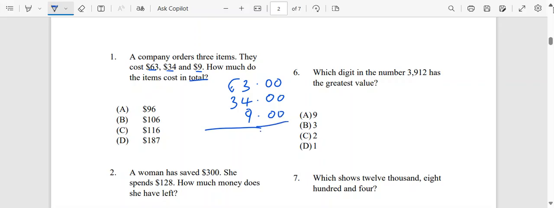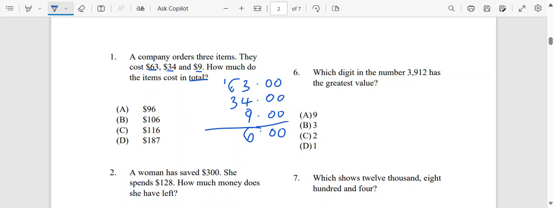And of course, all our decimal points are in line, so we just add back our zeros right there. All right, so let's make groups of tens now. So we say 9 plus 1 from the 4 gives us 10, and the 3 that is left will give us 13, and we add another 3 to that, we get 16. So that's a 6 right there, and of course, we put a 1 because we're regrouping.